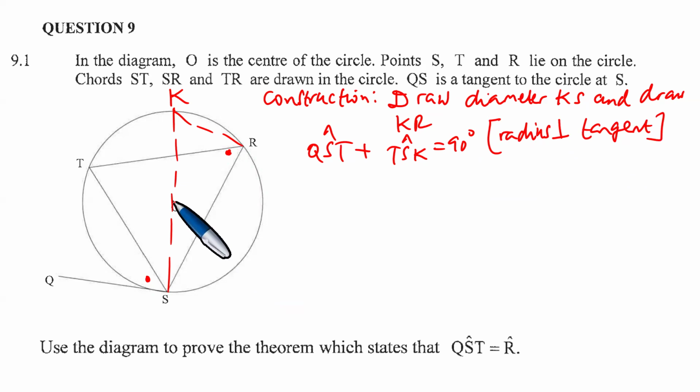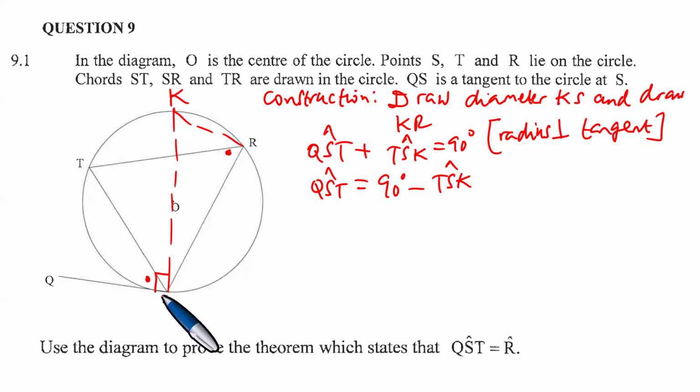Because this one is through the center, so it's a radius, it is perpendicular to a tangent. So when we add the QST and the TSK, the answer is exactly 90 degrees there. And as a consequence, if you move the TSK across, you have QST equal to 90 degrees minus TSK, like this.